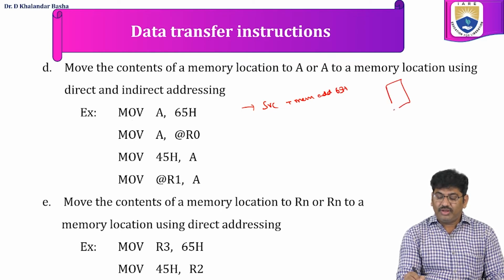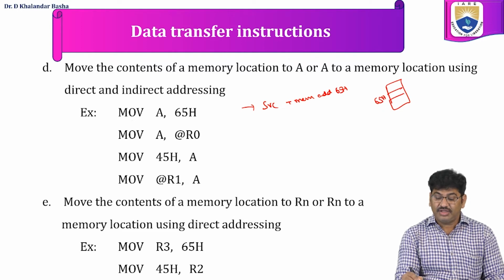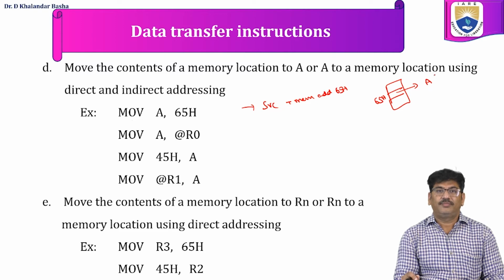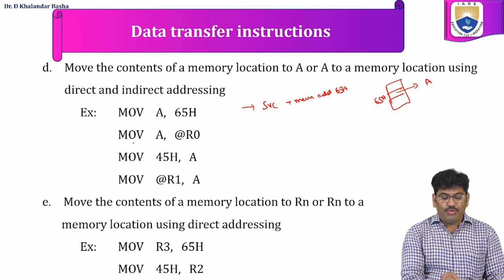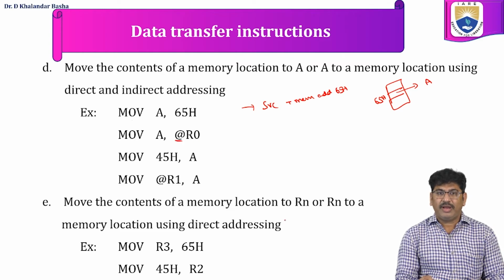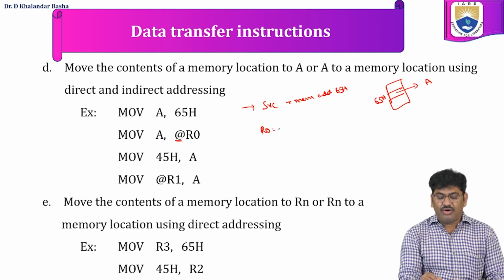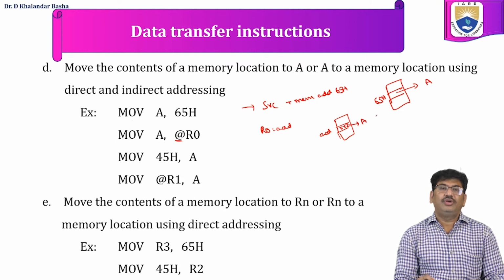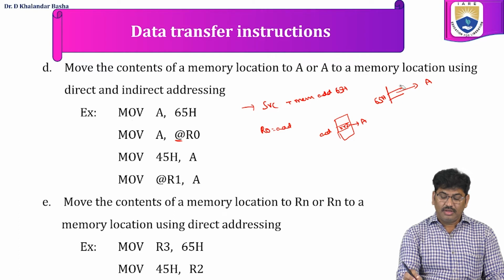The contents of this memory location will be loaded into the accumulator. Next, MOV A, @R0. Here we are referring to a memory location in that manner. R0 will have the address. Whatever address is specified in R0, the contents present at that location will be loaded into the accumulator.